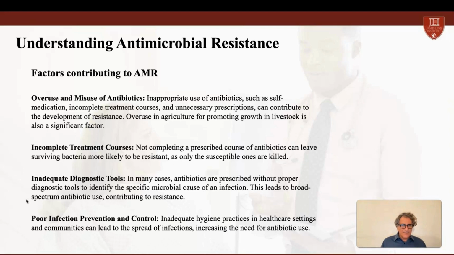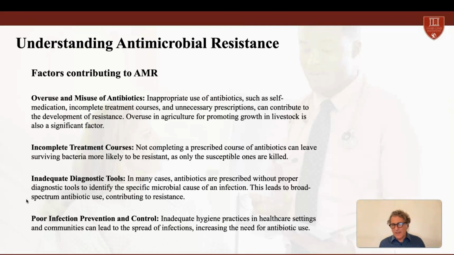antibiotics. Another factor contributing to the development of antimicrobial resistance is poor infection prevention and control. You can imagine how, in countries with inadequate or low levels of hygiene practice, also in healthcare settings and communities, this creates an environment where infection and disease can spread easily.